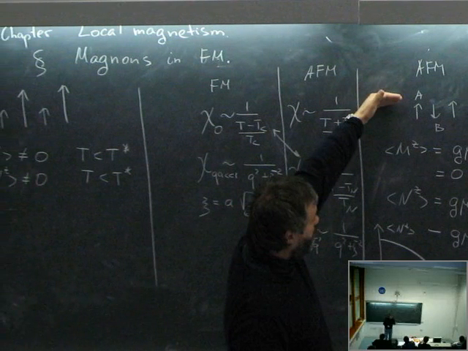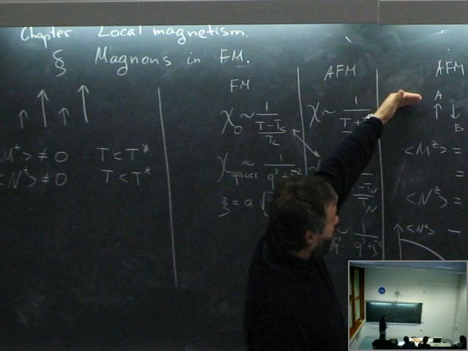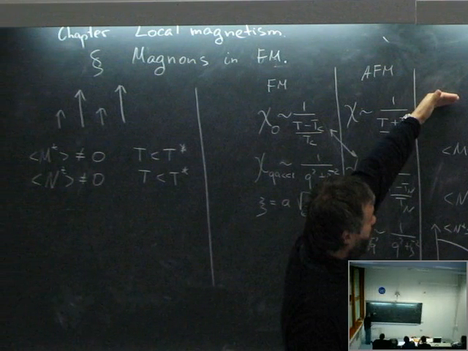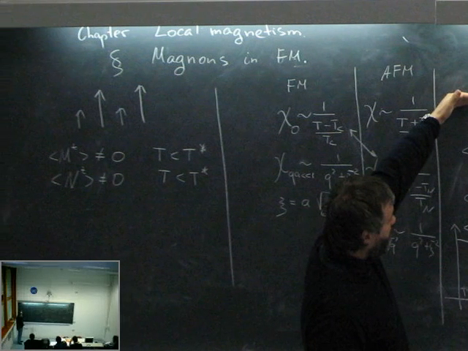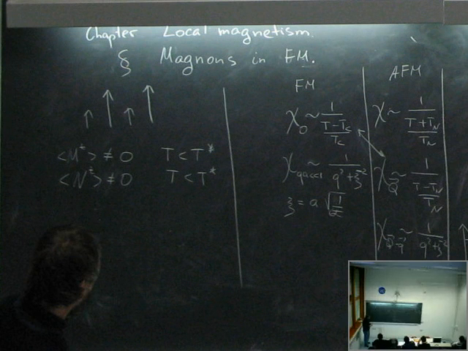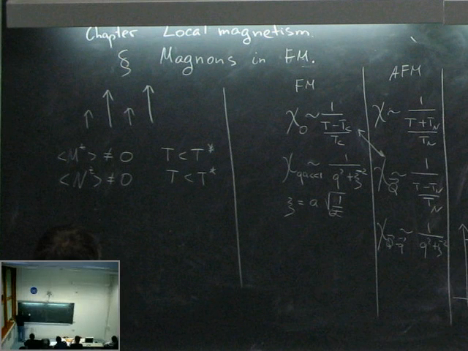Staggered magnetization is also a vector. Therefore, the order parameter is three-component. Here, we see that both uniform and staggered magnetization become non-zero. Therefore, in total, we have 3 plus 3, 6 components of the order parameter. These systems are called ferrimagnets.